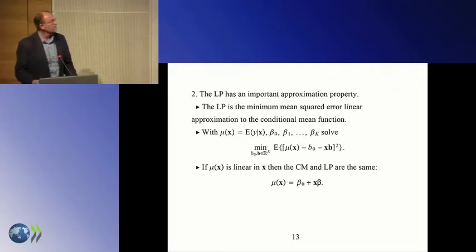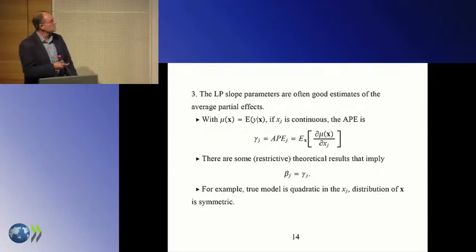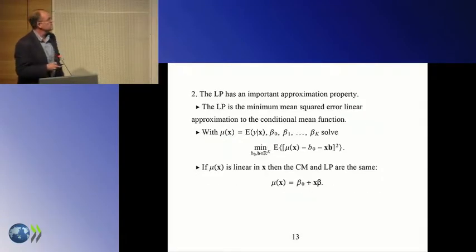Okay, so here are the reasons we could be interested in it. First, it has an important approximation property. We're trying to estimate the conditional mean, and it turns out that you can show pretty easily that the parameters in the linear projection provide the best mean squared approximation to the thing that we would really like.